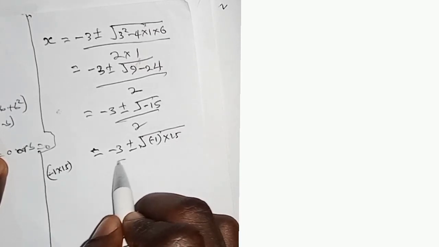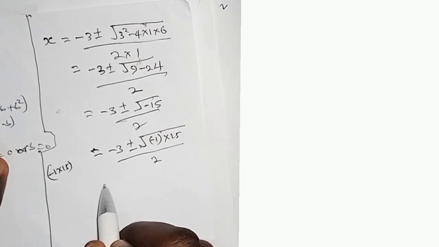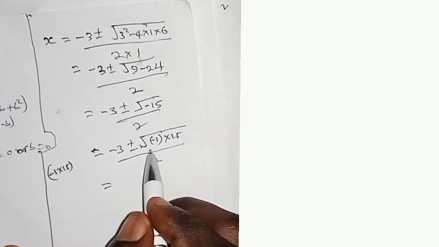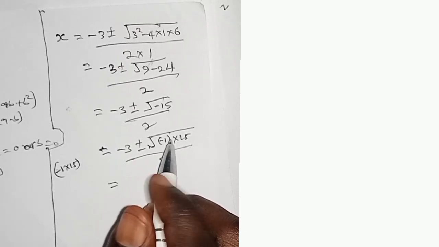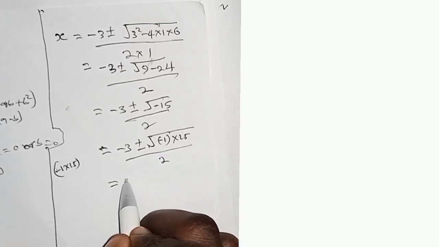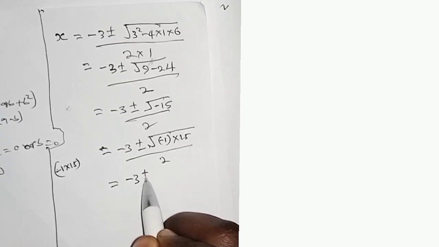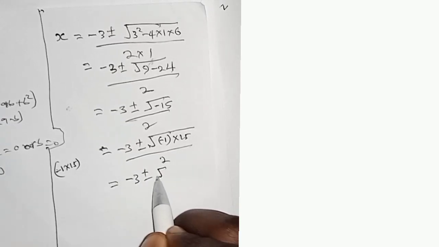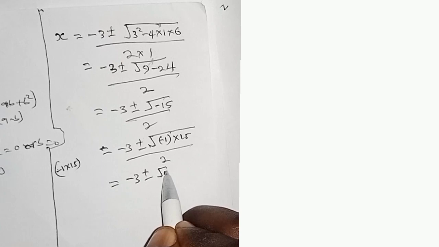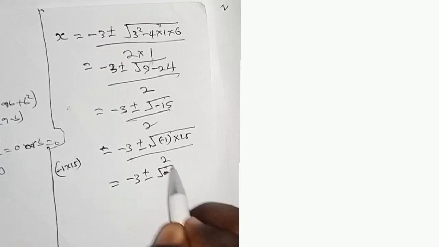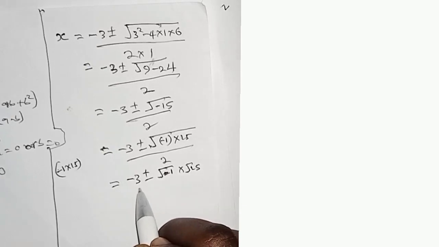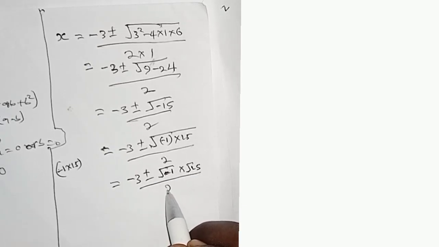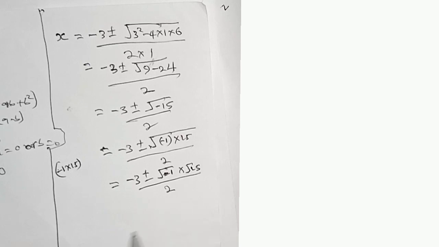Here we apply the rule that when you have a multiplication, you can split the square root for each of the terms. So this is minus 3 plus or minus root minus 1 times root 15, divided by 2.